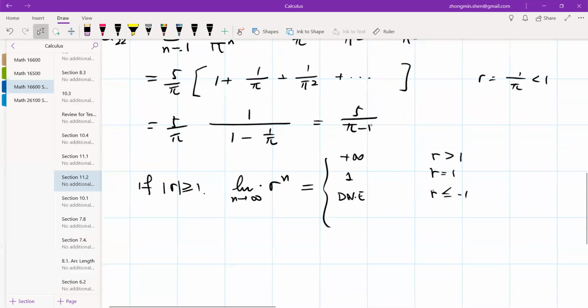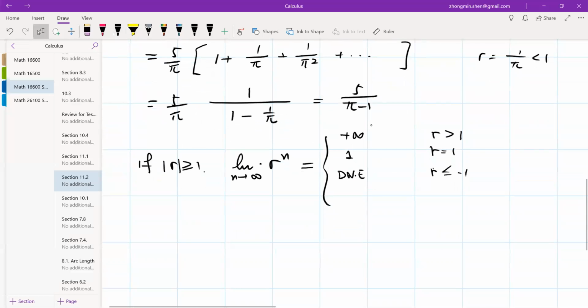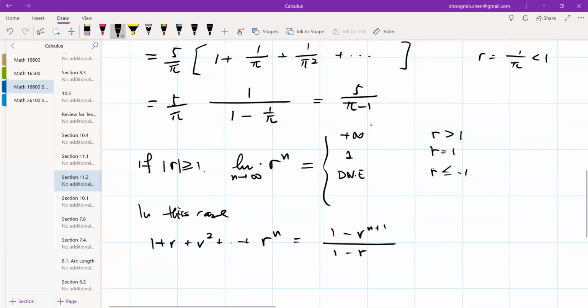Okay. So in this case, 1 plus r plus r squared all the way to r to the n is still going to be like this, and then this does not approach any number because of this r to the n plus 1. So we have a problem here. Of course, r cannot be 1, otherwise it's not even defined.